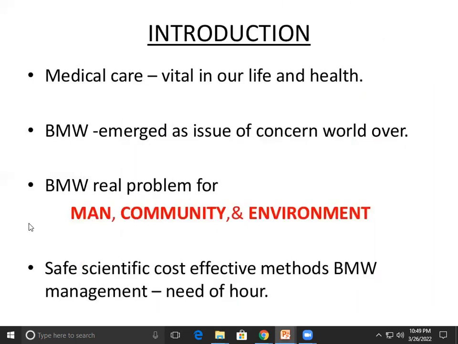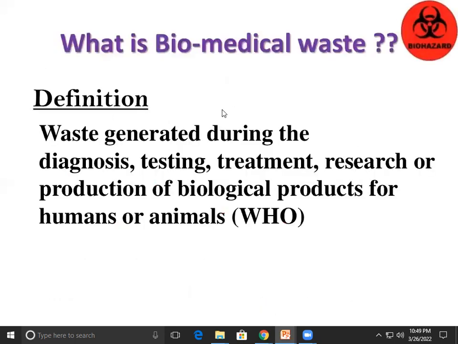That will create several problems to man, community, and environmental features may be spoiled. If it is polluted, it may spread diseases. Water pollution and air pollution may occur. Safe, scientific, cost-effective biomedical waste management is very necessary to avoid any problems.